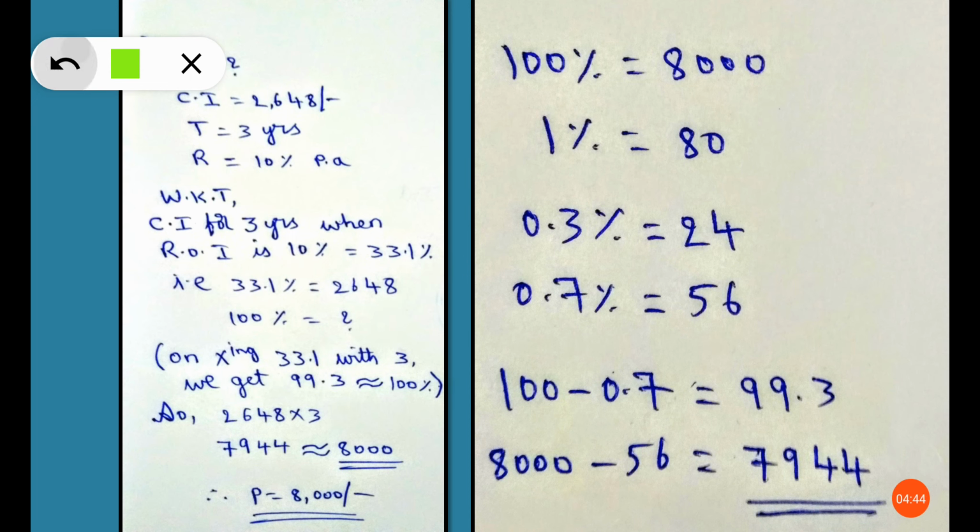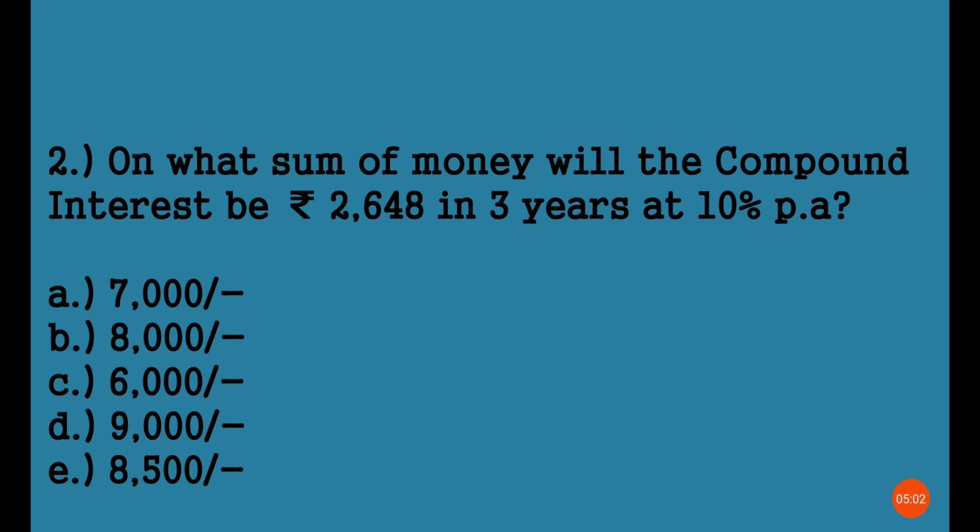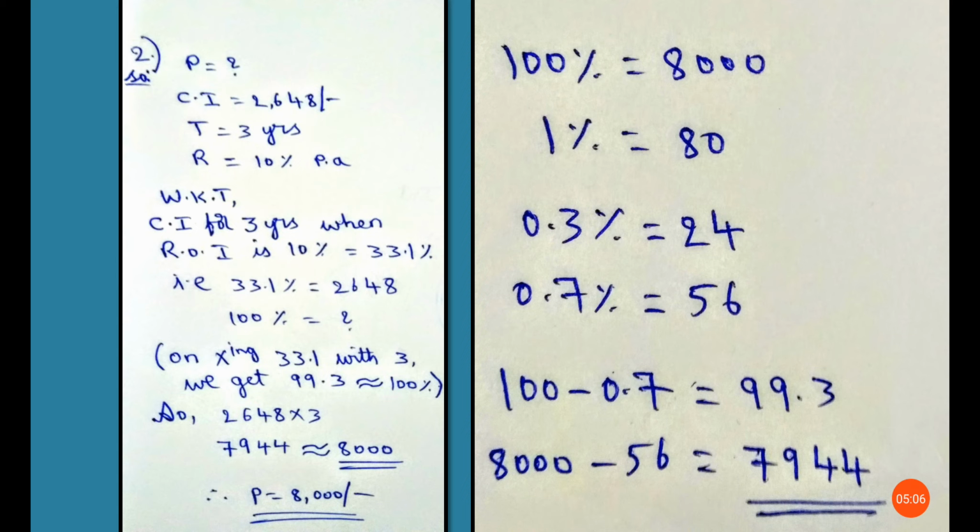In the same way, we multiply 2648 with 3. On multiplying 2648 with 3, we get 7944. According to the options, the approximate value of 7944 is 8000 rupees. So the principal is 8,000 rupees. Option B is the right answer. On multiplication with 3 we got the answer.